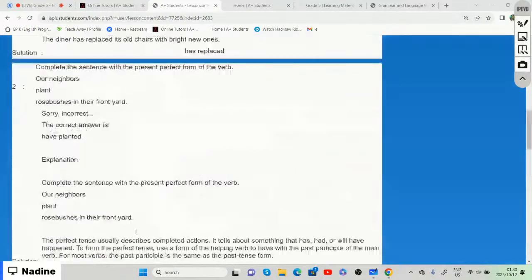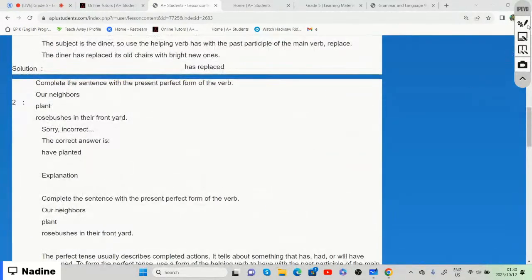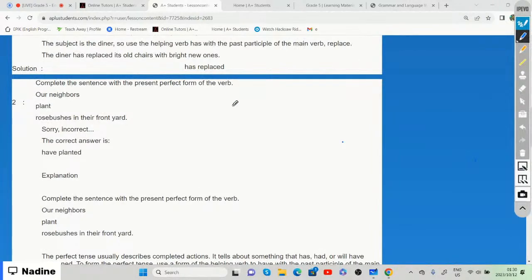So we're going to say our neighbors have planted rose bushes in the front yard.